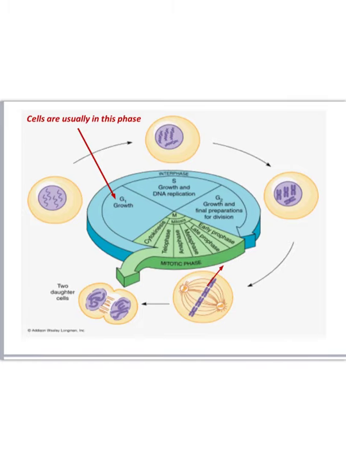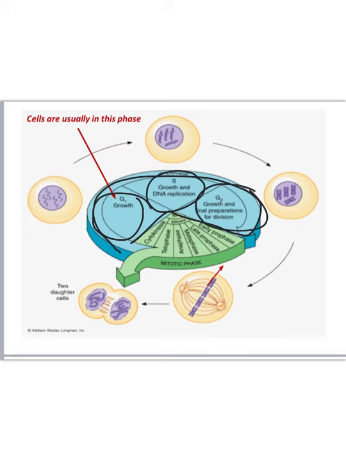Here's an overview of our cell cycle. Once again, cells spend most of their time in interphase. Interphase can be broken up into three stages: the G1, our S phase, and our G2 phase. They are carrying out normal cell activities and growing, replicating their DNA, and then preparing for cell division. As you can see, cells do not spend the majority of their time dividing.